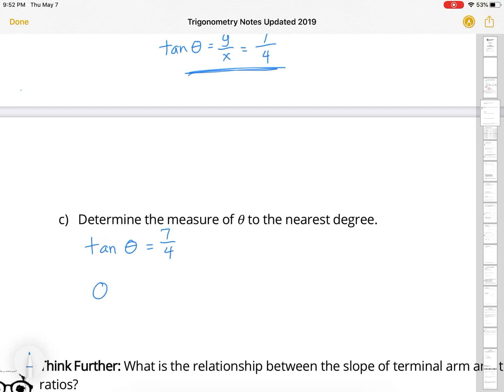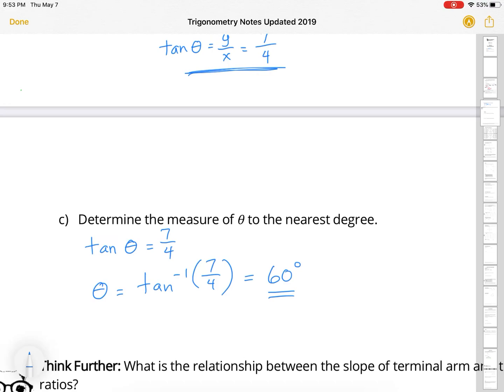We know that 7/4 is precise. So tan theta equals 7 over 4. To figure out theta, that's going to be equal to tan negative 1 of 7/4, so you have to use that button on your calculator. You use the second function and then tan to get tan^-1.